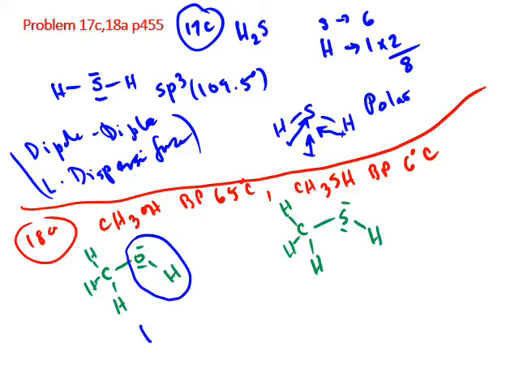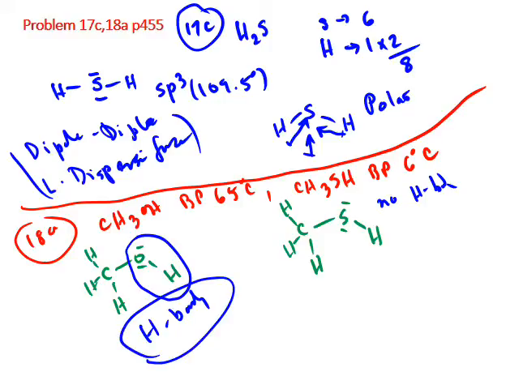So this can give hydrogen bonding. Whereas in case of the second compound, there is no hydrogen bonding. But the other ones, like dipole-dipole interactions, are present. London dispersion force, even though it's weak, is present. So the major difference is caused by hydrogen bonding in case of CH3OH and no hydrogen bonding in CH3SH.